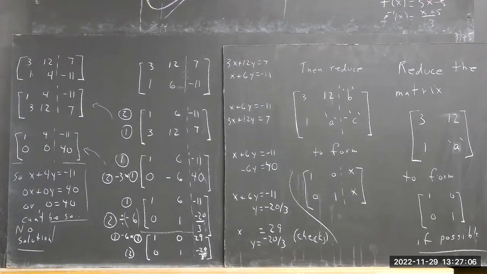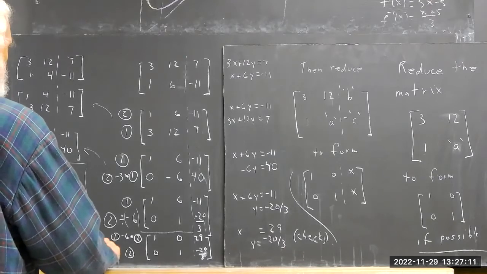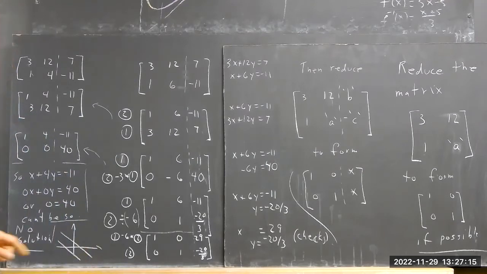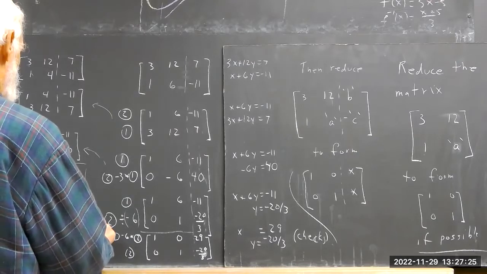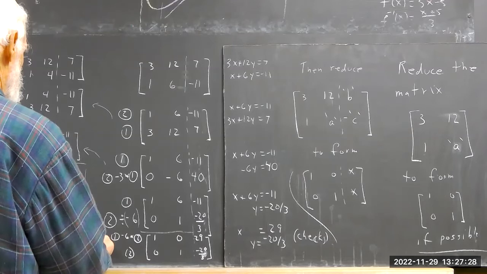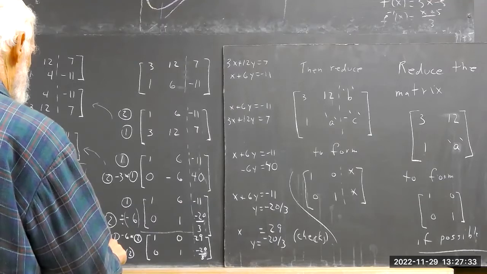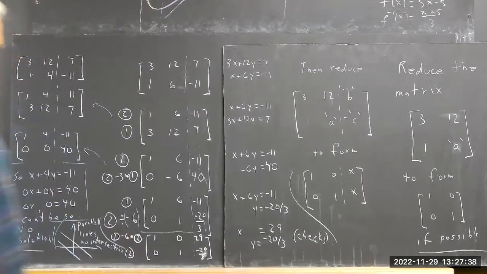Why is that? Well, if you were to graph these equations, you'd have parallel lines with no intersection. Might be a little hard to read that. That's a parallel line, no intersection.